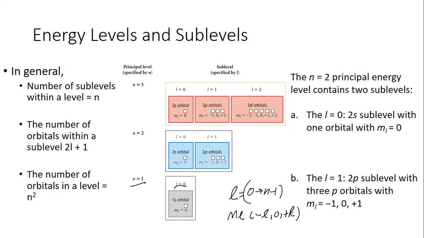And so we draw a box. Every time we have an m sub L value, we draw a box. And what this box tells you is how many electrons are in that orbital. So in each box, and I'm going to just redraw the box out here, for each box, you can have 2 electrons. 1 electron's pointing up, 1 electron's pointing down.